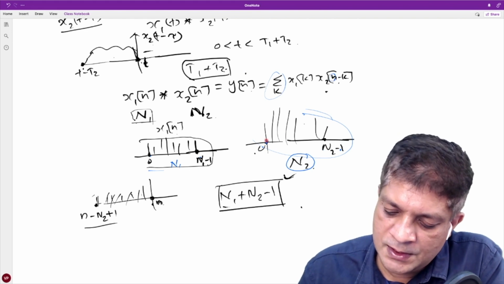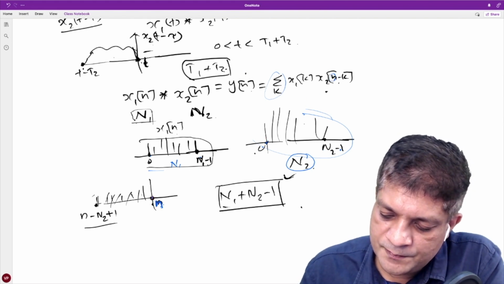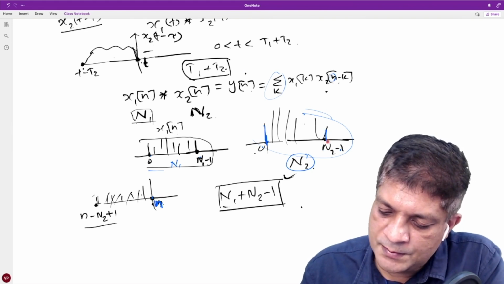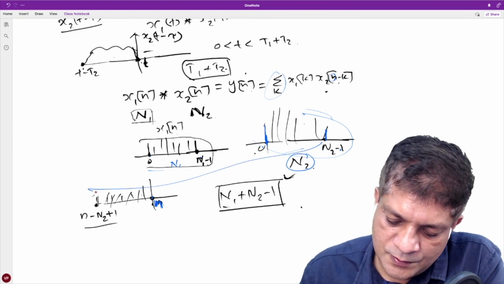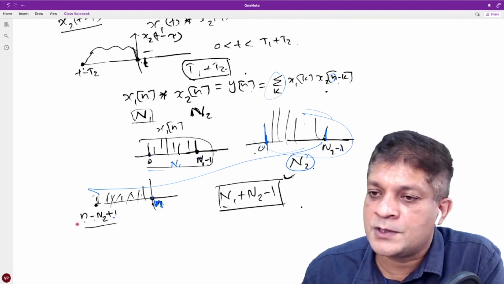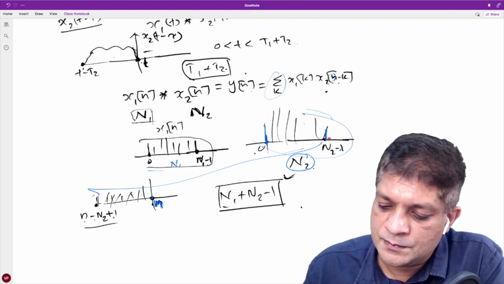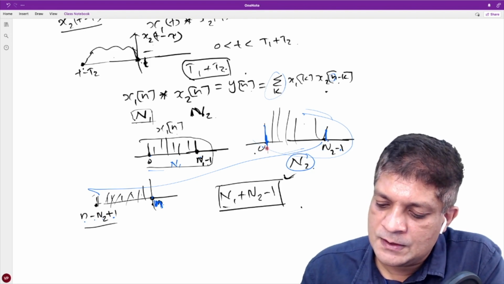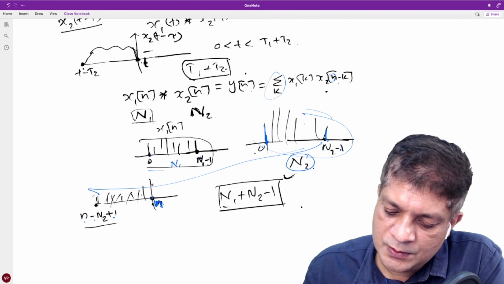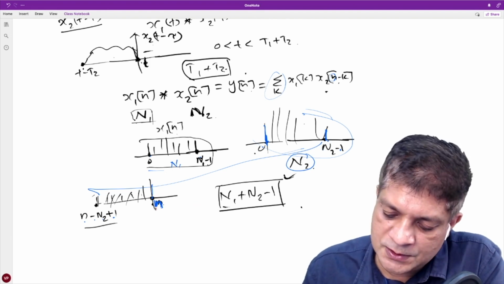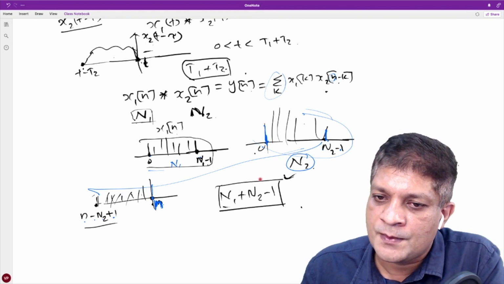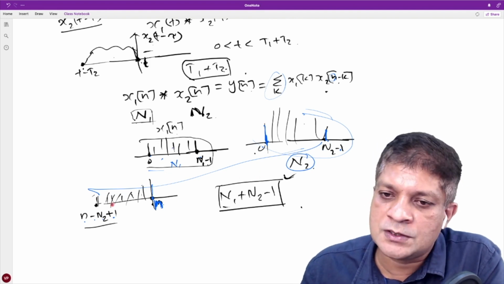When you delay it by n, this sample is at n, and this sample moves to n minus n2 plus 1. You have to move this point from minus infinity to infinity, multiply the two signals, and find the sum.